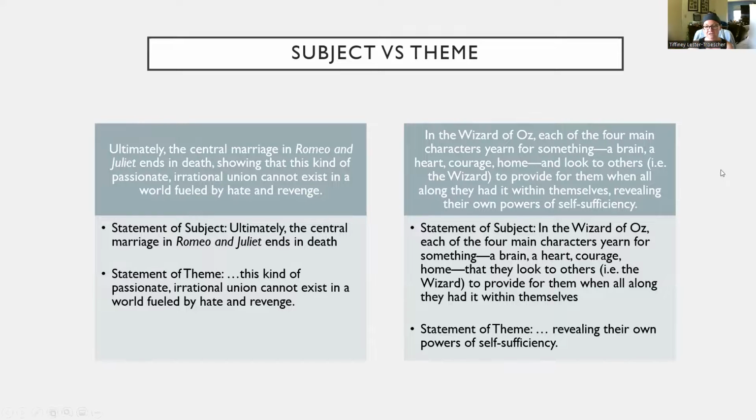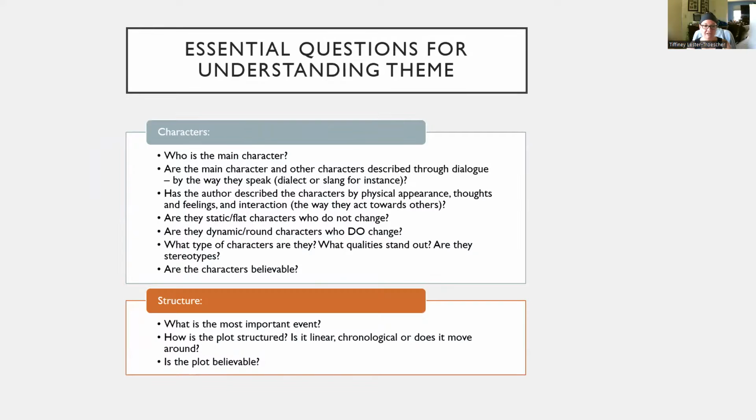And then, we have to tack on the part that actually mentions the theme, that they had the powers. They were self-sufficient, even though they didn't realize it. So you really want to make sure that you're understanding that theme is not the subject matter of the story. Theme is what we are supposed to walk away with, the lesson, the message, right? The concept, right?